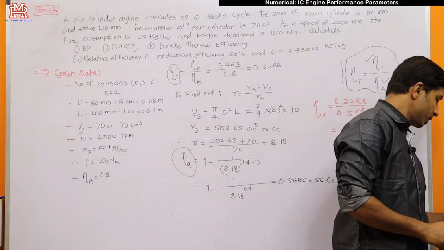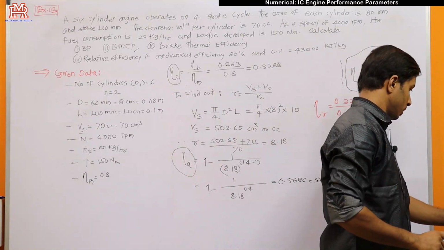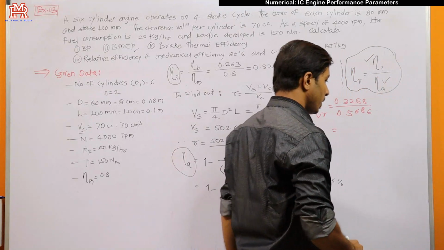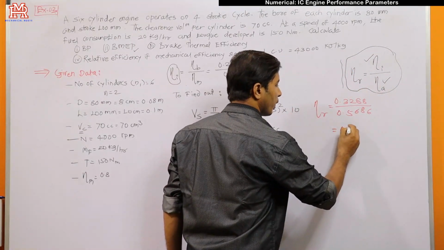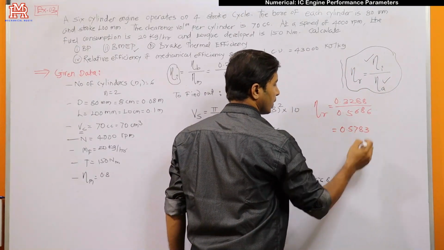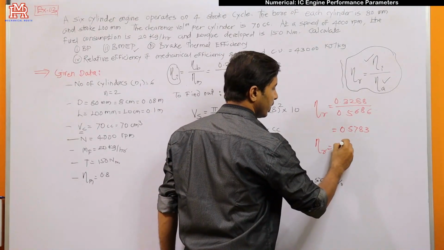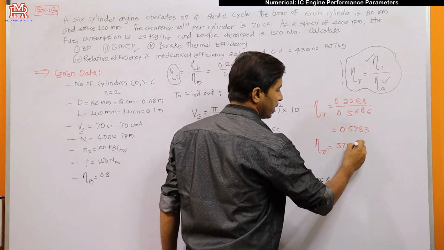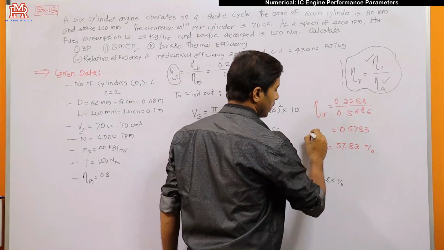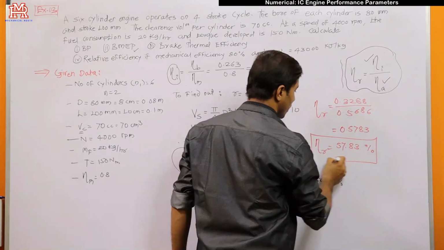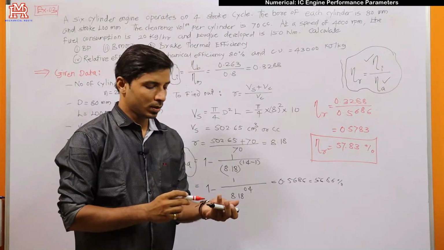Simplify this, 0.5783. Multiply it by 100, you will get it in percentage, 57.83%. So this is the last parameter which is asked.